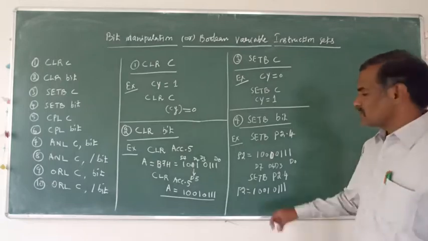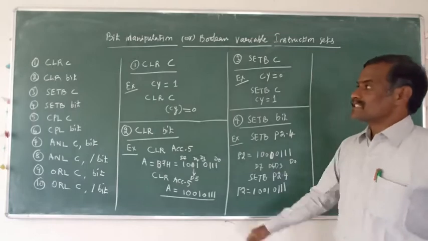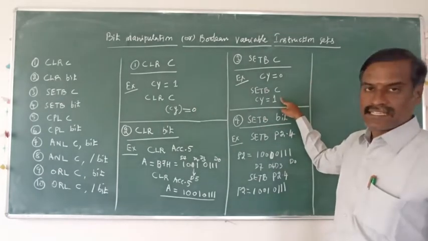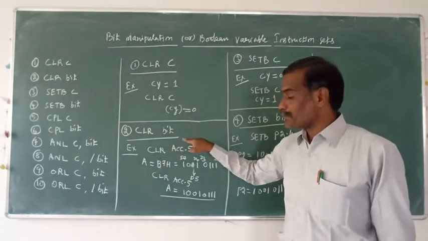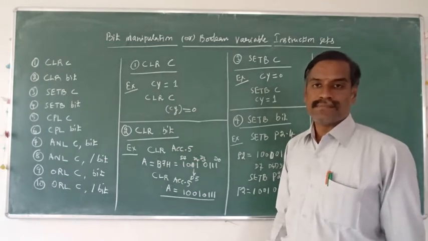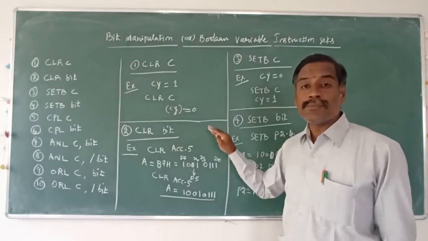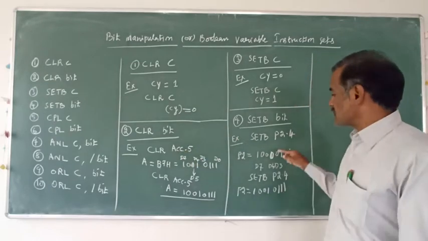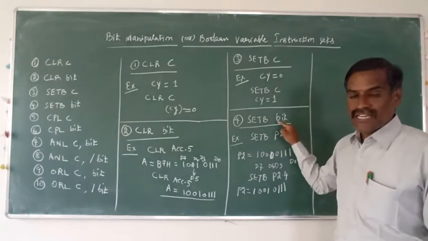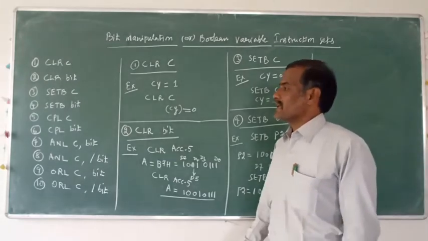For that we can use this type of instruction. This is for clearing the carry, and this is for setting the carry. This is for clearing that particular bit, the accumulator's fifth bit, and this is for setting that particular bit to one condition.